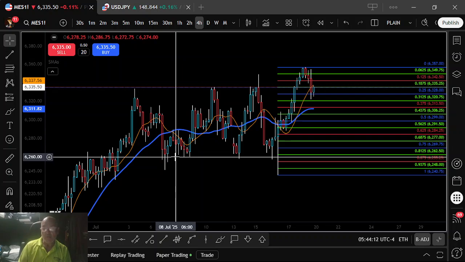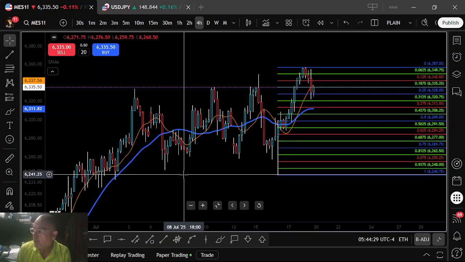And if it does what I'm looking for it to do, great. If it doesn't, I also need to be malleable to be able to switch my bias and take a look at where price might go in the other direction to try to form a trade plan there.